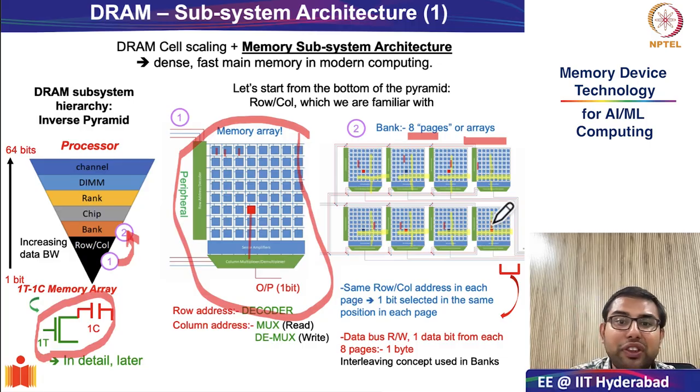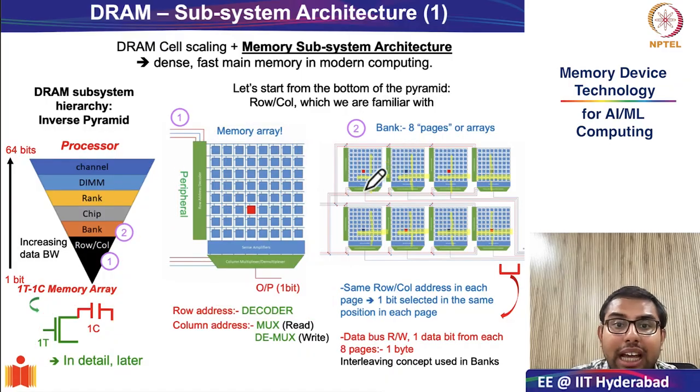The very interesting thing to note, which might be a little counterintuitive, is that the same column and row address is given to each of the pages or each of the arrays in the same bank.